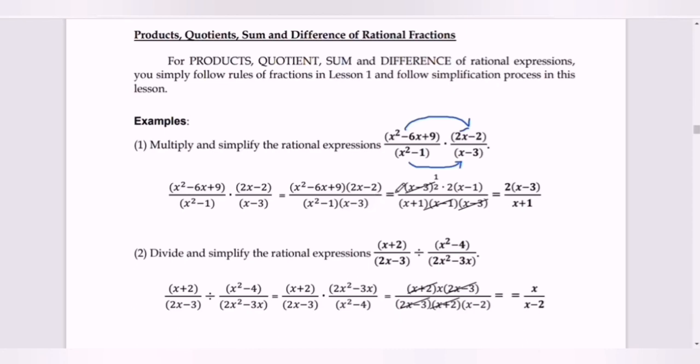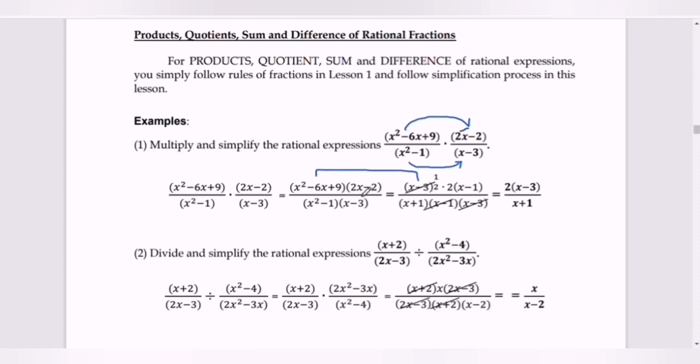And then after that, since our goal again in this topic is to reduce or to find its lowest terms or to simplify these kinds of expressions, we know that if we're going to find the factors for x squared minus 6x plus 9, the root will be x equal to positive 3. So the factor would be x minus 3 times x minus 3. So this is the factor.